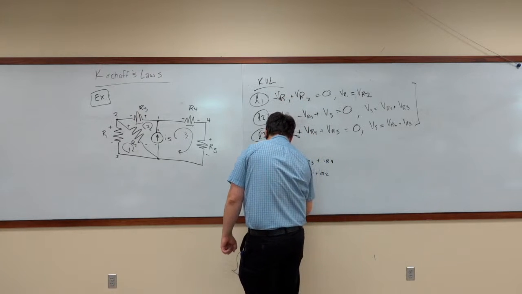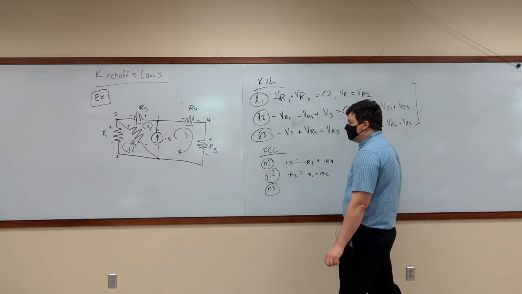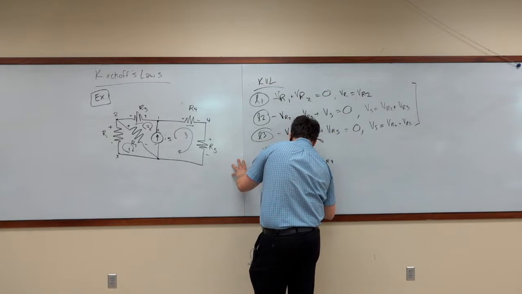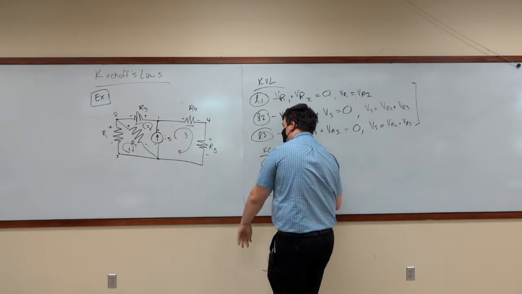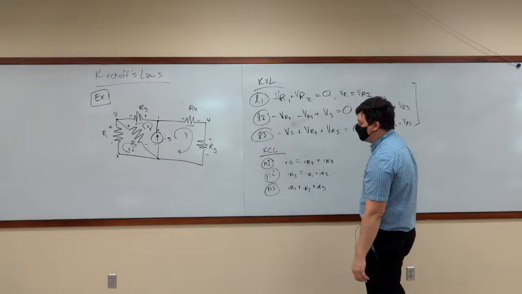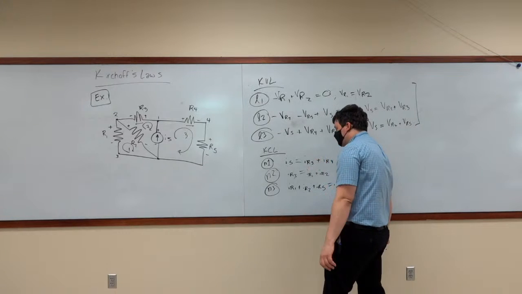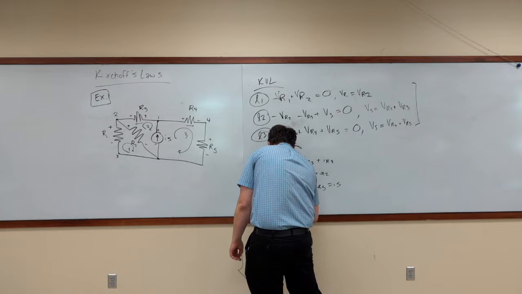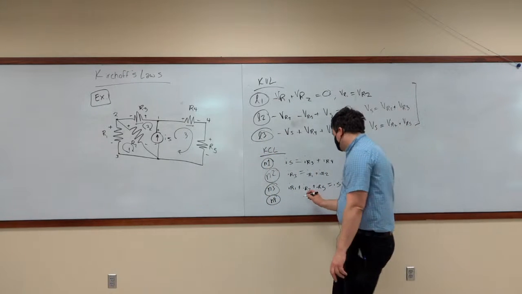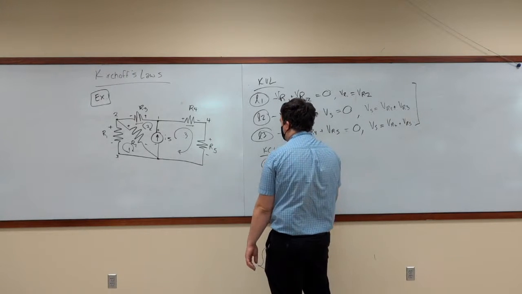What about node 3? What currents are going into node 3? IR1, IR2, and IR5. What currents are going out of node 3? Oh, yes. And then node 4. What currents are going into node 4? And what currents are coming out of node 4?